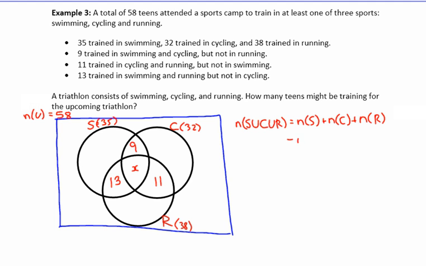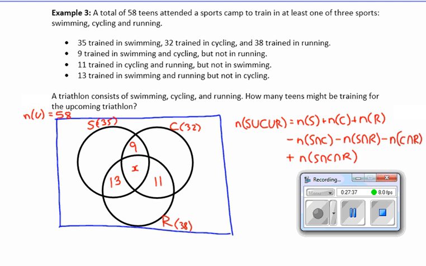So minus the number in swimming and cycling, minus swimming and running, and then take away cycling and running. Because we took away the 3 intersections, we have to add back on the center. So plus the number in swimming and cycling and running.